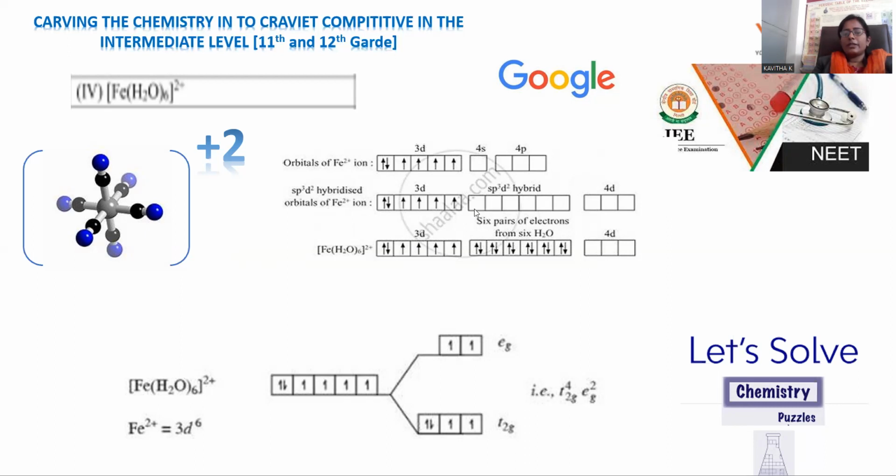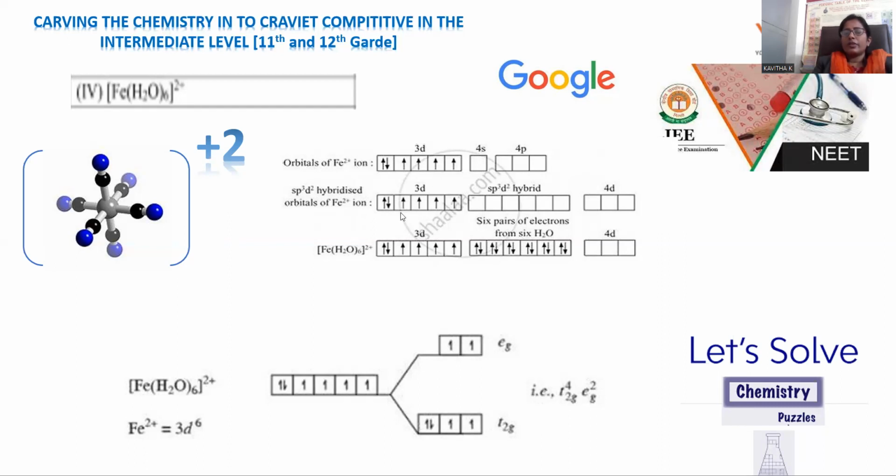How will it participate in sp3d2? Outermost shells will be combined with the 6 water molecules like this, being the hexaquo complex. You can get 12 electrons from the 6 ligands, all can be accommodated over here. This is about sp3d2 hybridized orbitals, right?